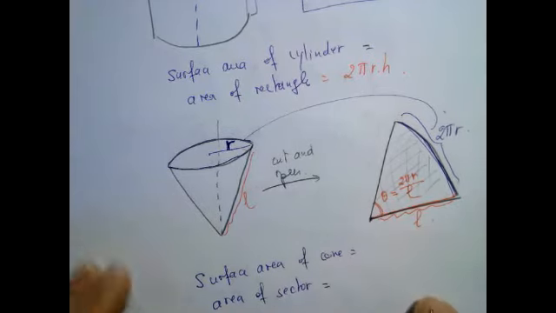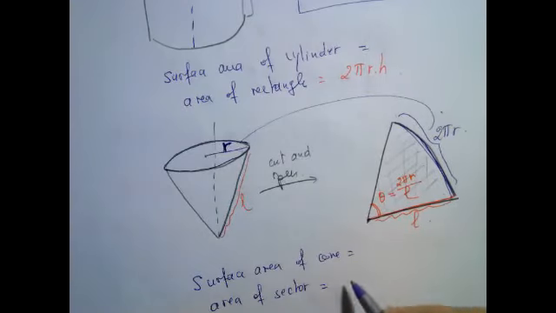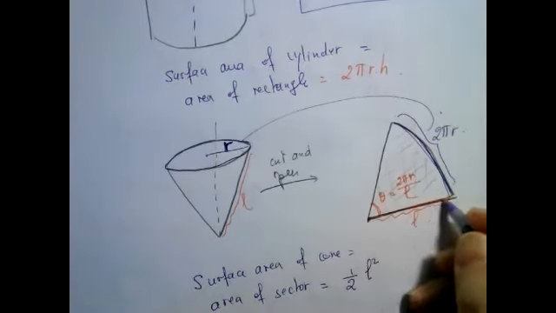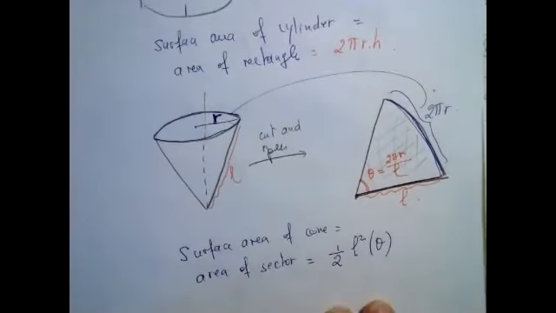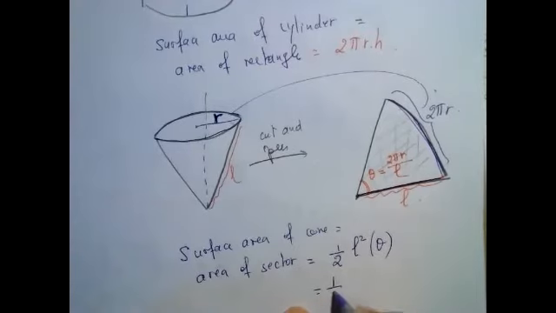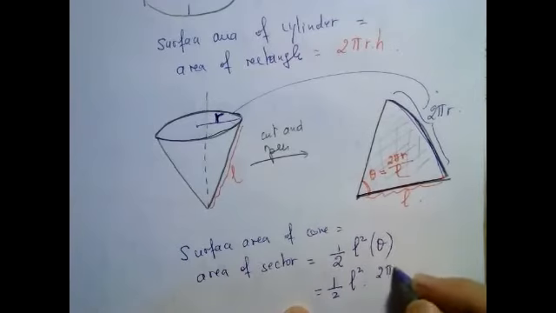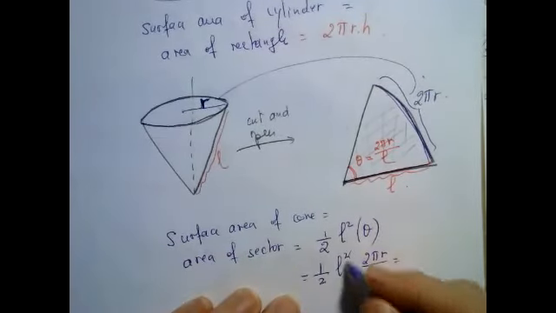Now what's the area of the sector? I don't know if any of you remember the formula from high school, I guess. It's a half times the radius of the sector here times the angle at the center, which is a half L squared over L. So I know that you guys forgot all those formulas, which is okay.